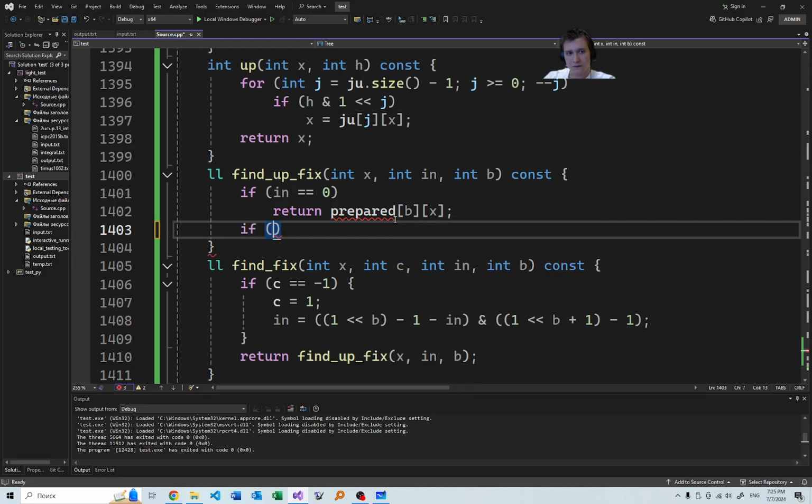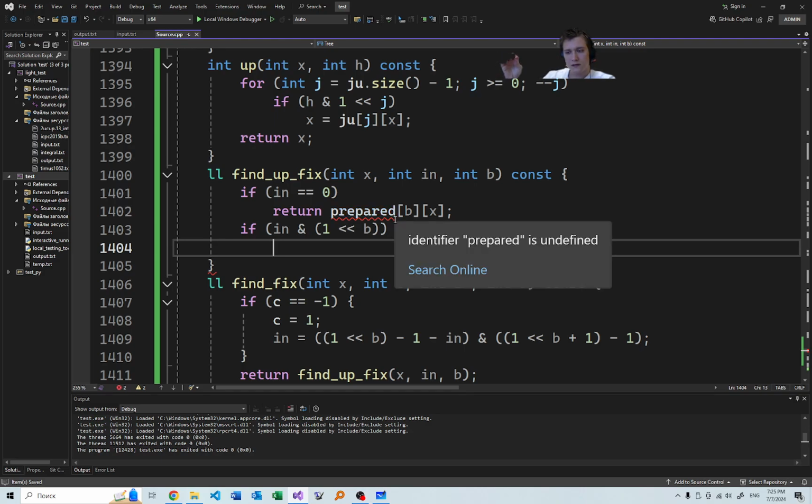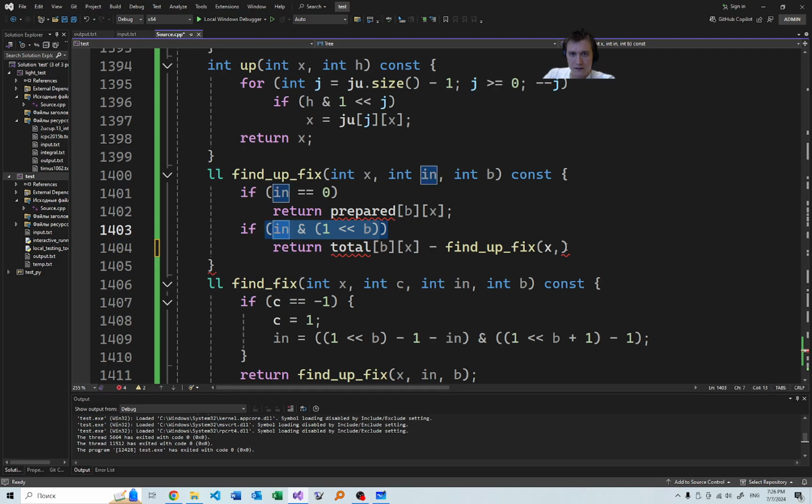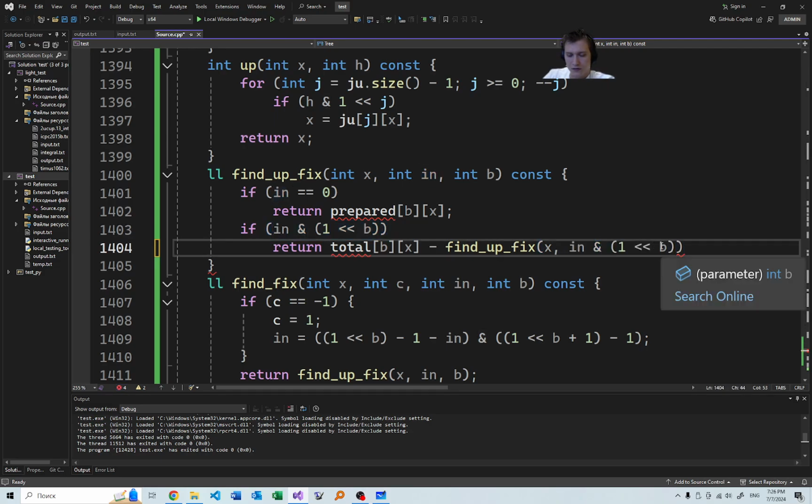Also, if in contains this bit, then I want to return total bx minus find up x, x XOR this, and b.